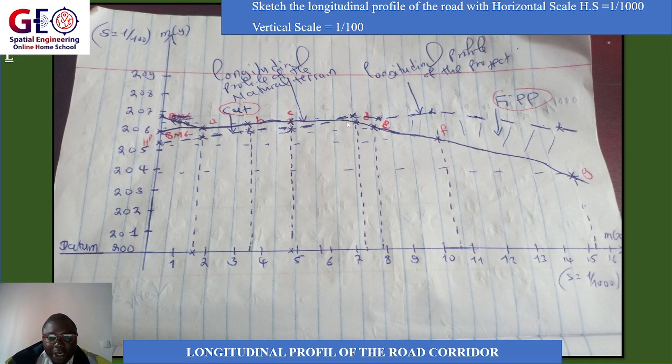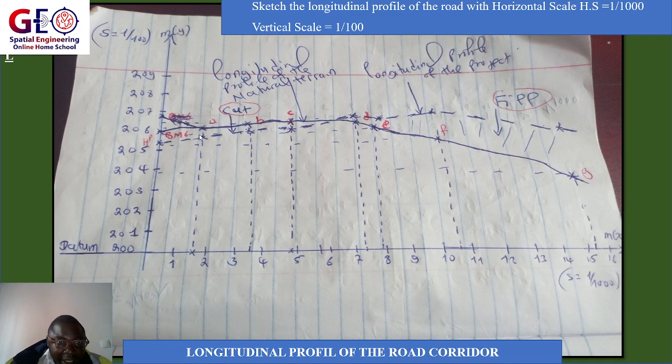When the longitudinal profile of the natural ground lies below the project profile, then we know we are going to fill. Of course, for us to realize this project, we have to do some filling of groundwork here so that we can attain our intended project profile.